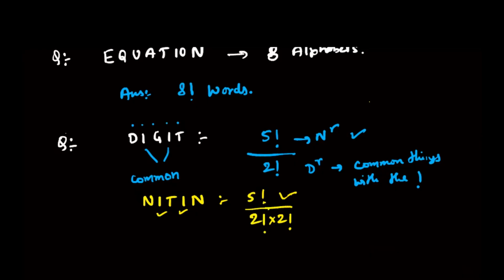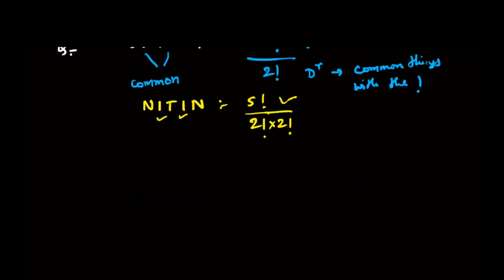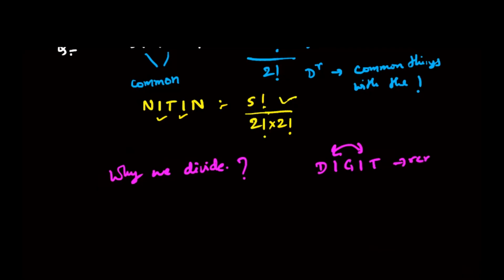Now, I'm going to tell you the logic behind this. Try to understand. Why do we divide by the common elements? Let's suppose I had digit. When I swap this I and the rightmost I, the word which gets made remains the same.